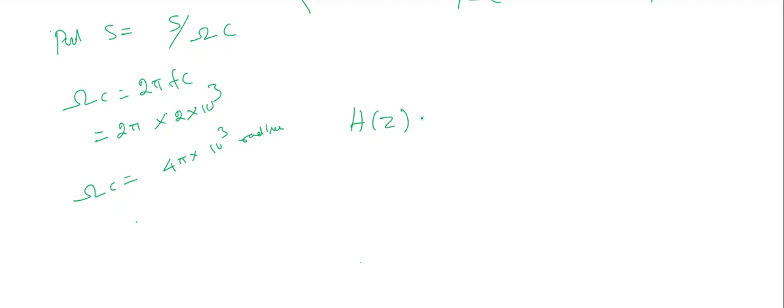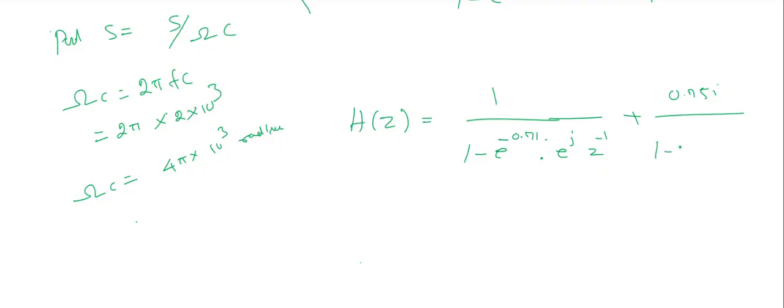So you can write this one more step. I'll write 1 divided by 1 minus e to the power of minus 0.71 into e to the power of plus j, z inverse, plus 0.75j divided by 1 minus e to the power of minus 0.71 into e to the power of minus j, z inverse.